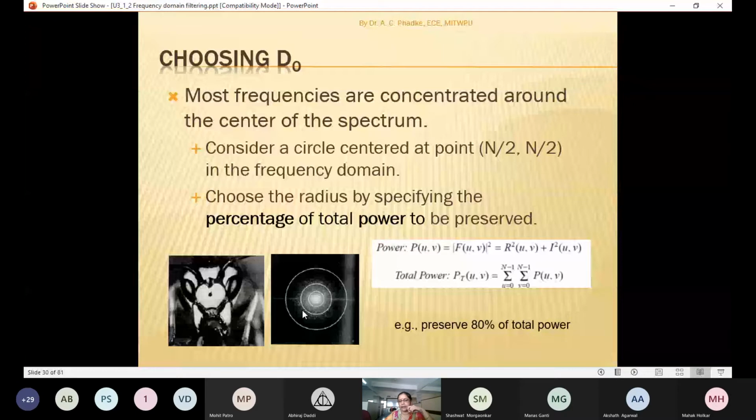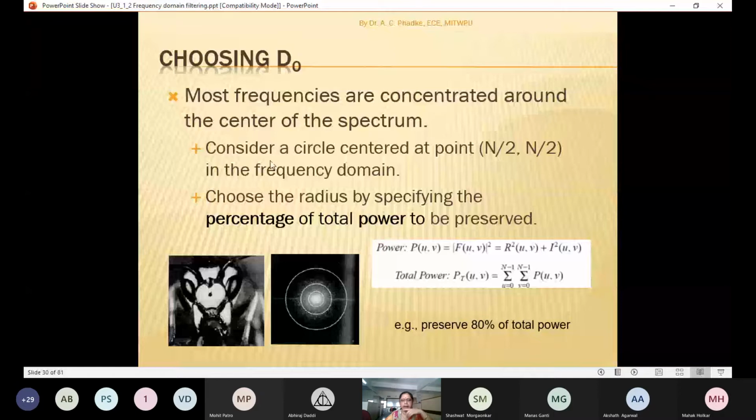Why are you getting this region bright? Because most natural images contain low frequency data and a few mid frequency data. So most frequencies are concentrated around the center of this spectrum.